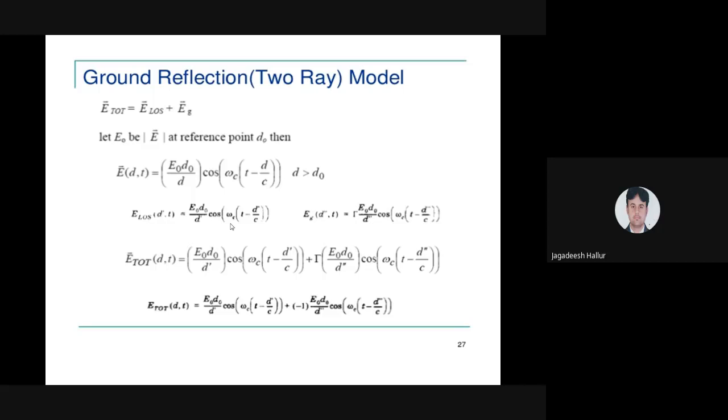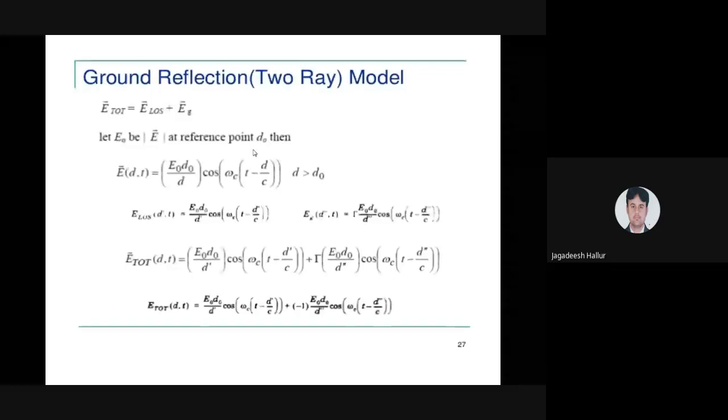If the signal reaches the ground and then reaches the receiver, it is going to provide some losses. That loss can be assigned by gamma. What is written? The electric field with respect to the direct line of sight in bracket D dash comma T.